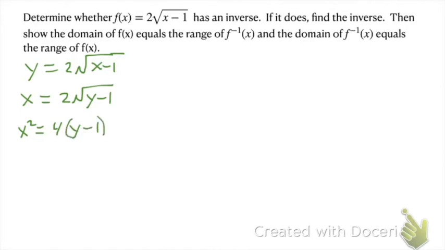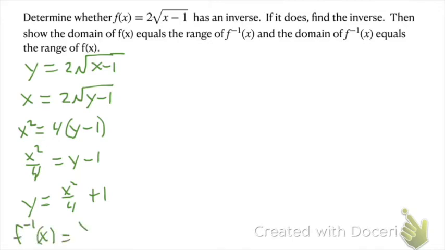Y minus 1 is in parentheses. We want to get y by itself, so divide by 4. Add 1 to both sides. And I'm going to rewrite this so it's y equals x squared over 4 plus 1. Last step, change the y to the inverse, to let everybody know that we are dealing with an inverse.